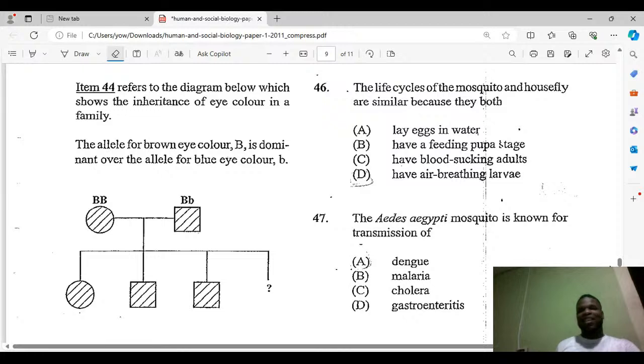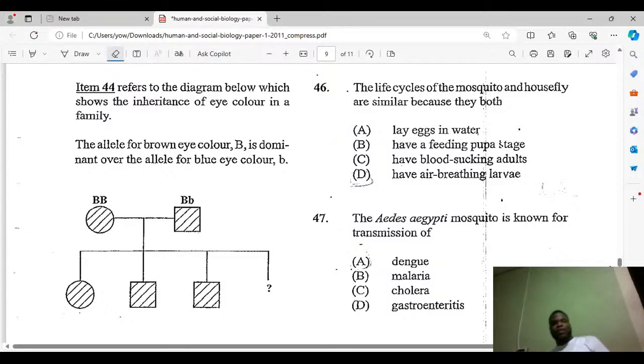But I don't think you would have to know that if you study your book properly. It's actually in your book, though. So you have to read and revise and all of that. But we know honestly nobody revises paper 1. So that's why you revise well for paper 2, so you cover paper 1.